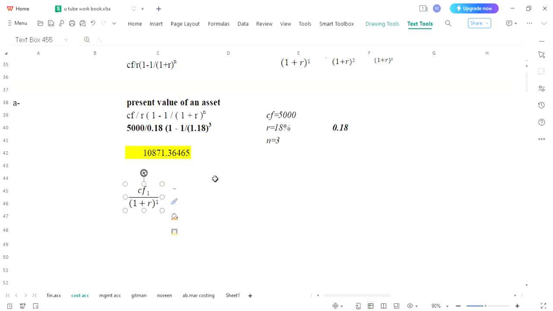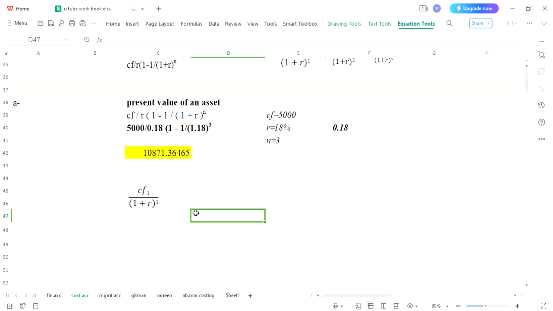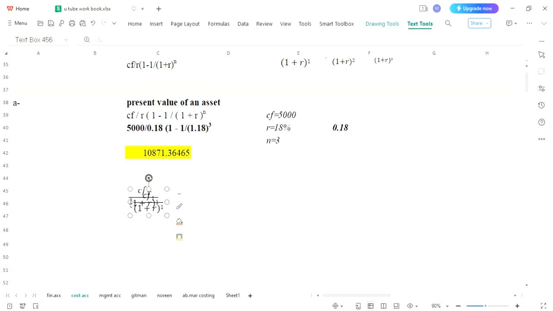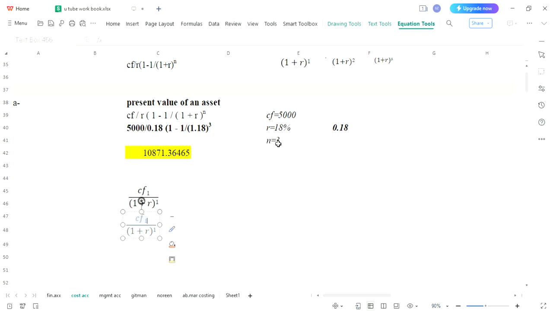So now all cash flows are similar. Since your first cash flow is 5000, instead of writing it, we can use it as reference so that you can know it. And second way, you will be putting that amount. So what is first cash flow? That is 5000.